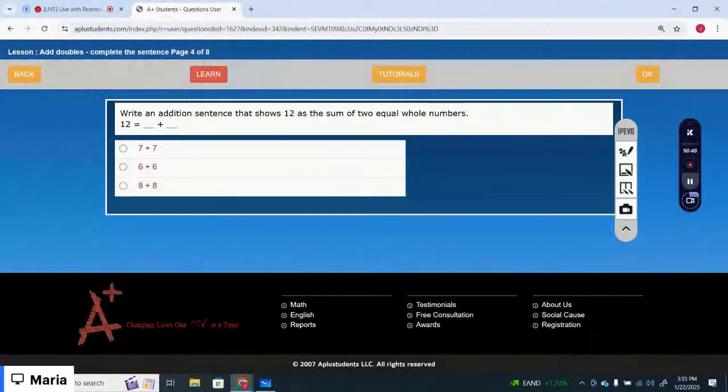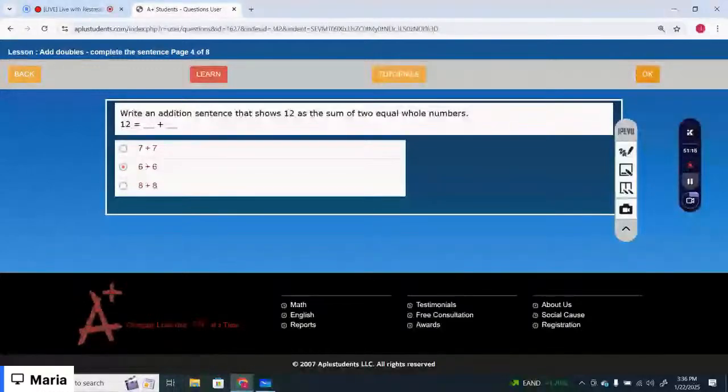Write an addition sentence that shows 12 as the sum of two whole numbers. That is 6 plus 6 equals 12.